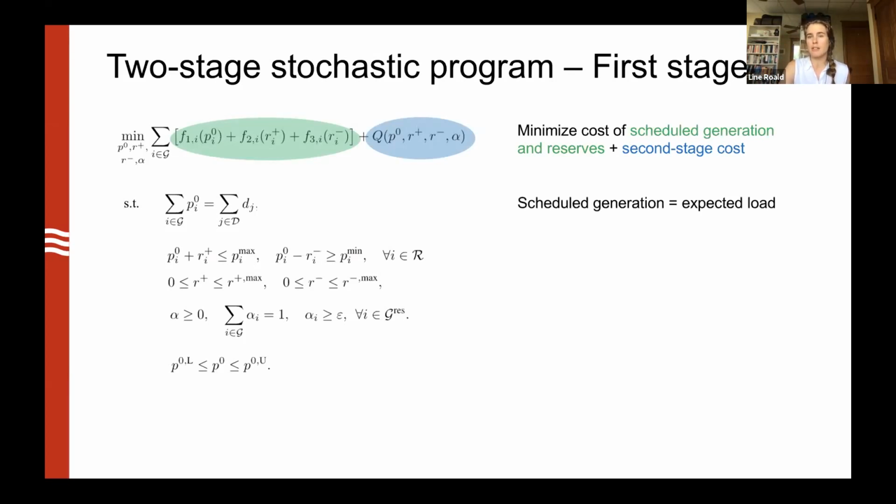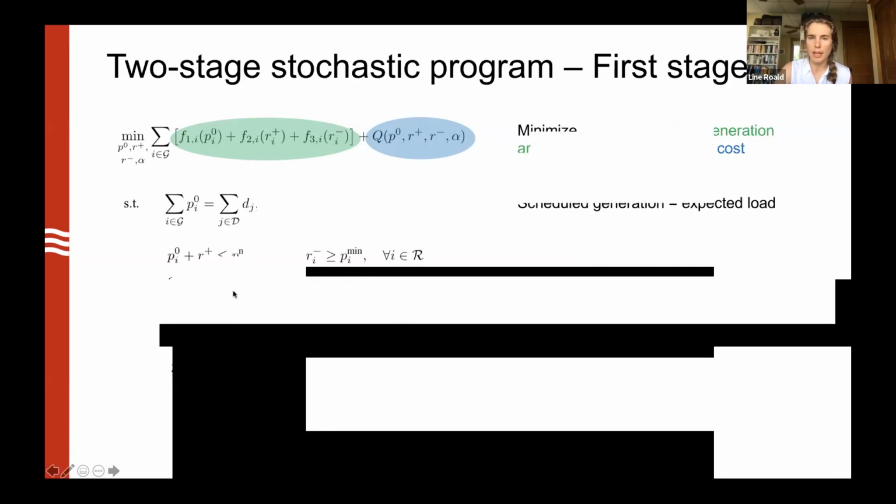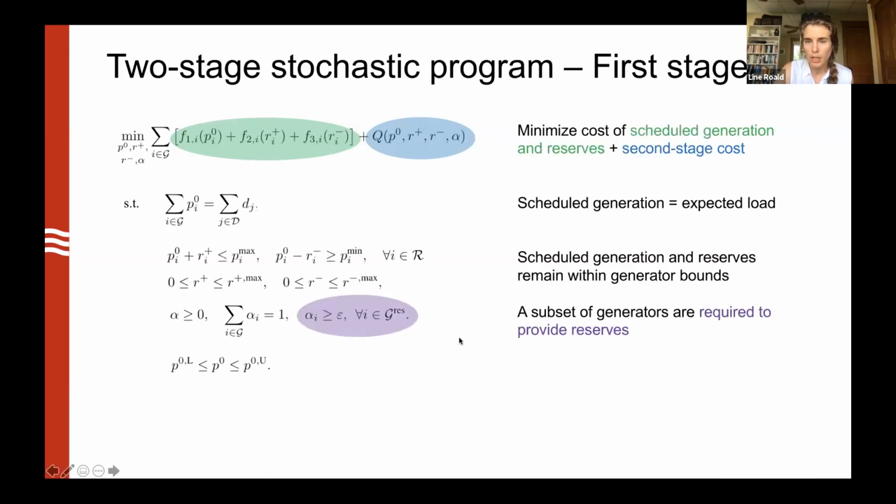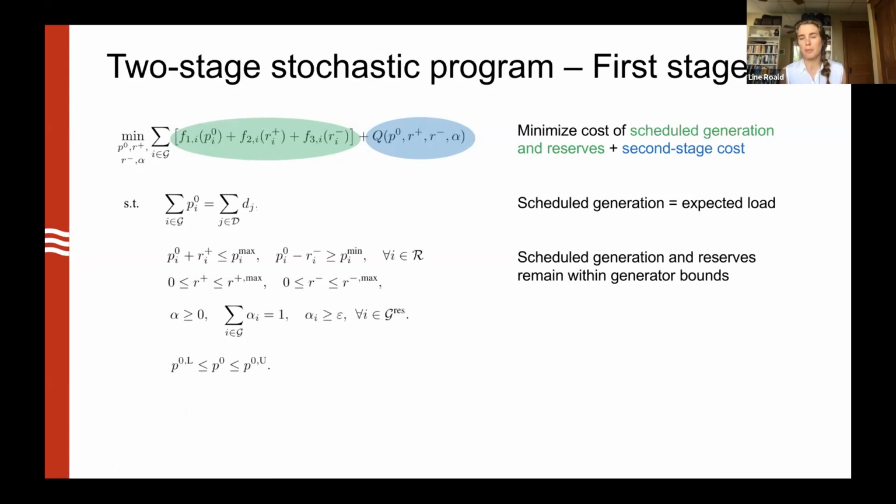Then I have a constraint here that tells us that scheduled generation is equal to the expected load in the system. And I also have another constraint that determines that the scheduled generation and reserve should remain within generator bounds. And then I'm going to require that a subset of my generators will have to provide reserves, in order to make sure that there's always one generator available to adjust its generation.